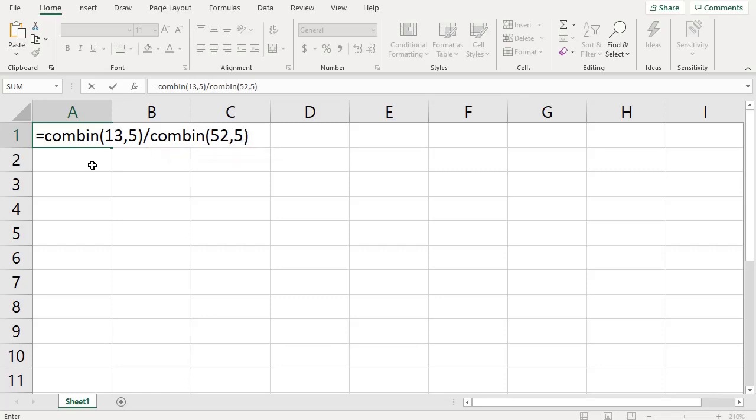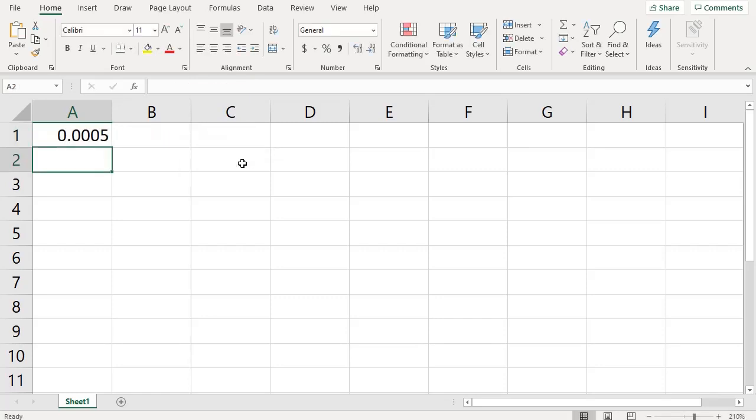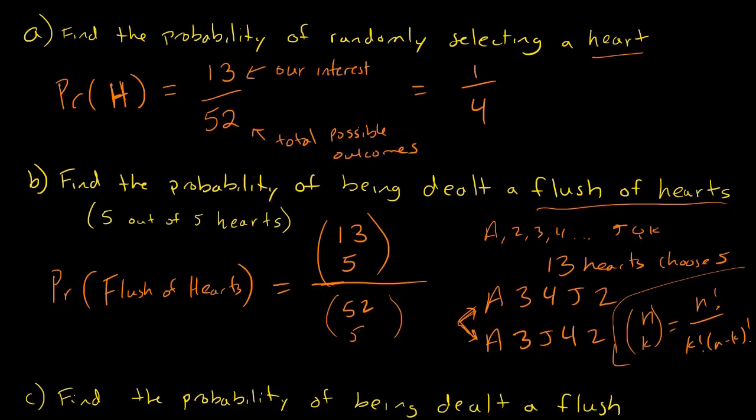All right, once you have that written out, then just press enter and you get 0.0005. Okay, so 3 zeros and a 5. Pretty unlikely probability of getting a flush of hearts.